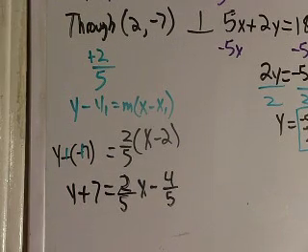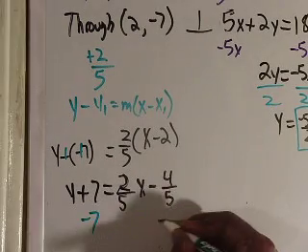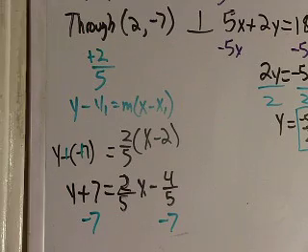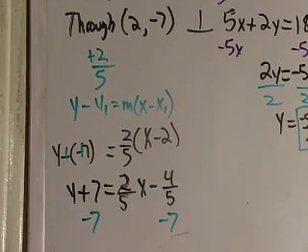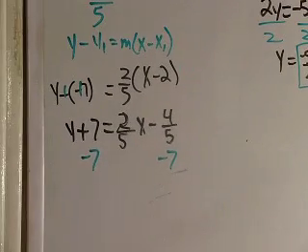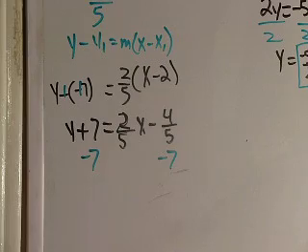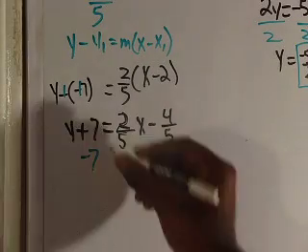And then lastly, we're going to subtract 7 from both sides. Before we subtract 7, we have to convert it to a fraction with 5 in the bottom. So 7 written as a fraction with 5 in the bottom is negative 35 over 5.